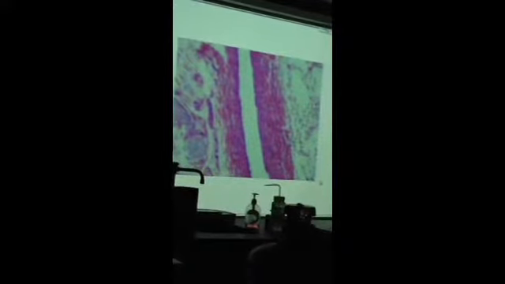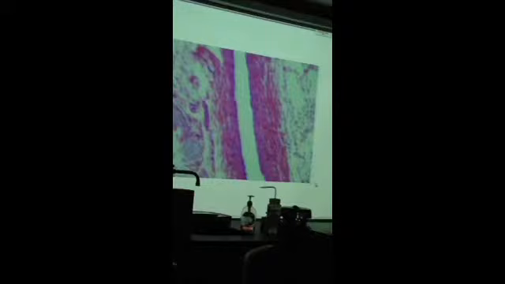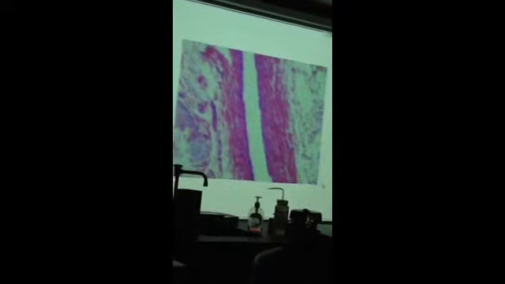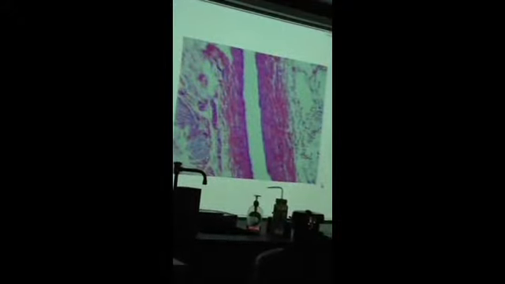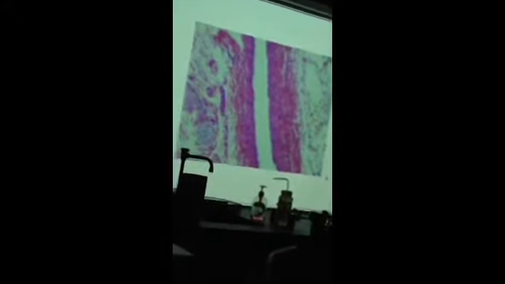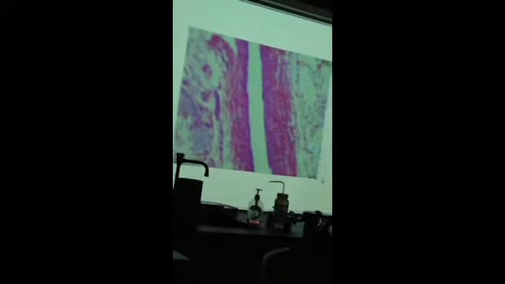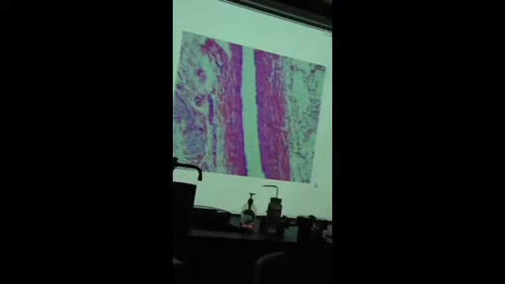That's flat nuclei because the cells are flat. Simple squamous, which makes this a blood vessel, not a duct. That's why I said you got to be able to recognize blood vessels and distinguish them from the various ducts we see in these organs. Here, salivary gland ducts, we're going to see them in the liver. Hepatic ducts, we're also going to see in the pancreas. Pancreatic ducts. So you got to be able to differentiate among them.